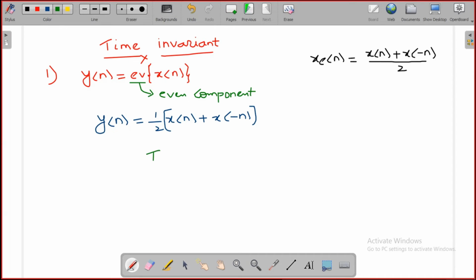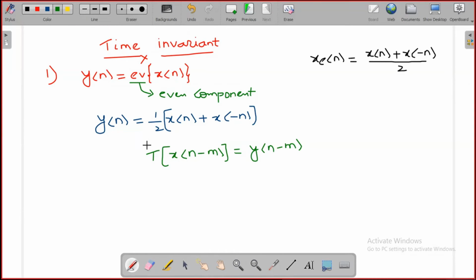Okay, response of the system for delayed input. We need to find the response of a system for the delayed input and check it with the delayed response.